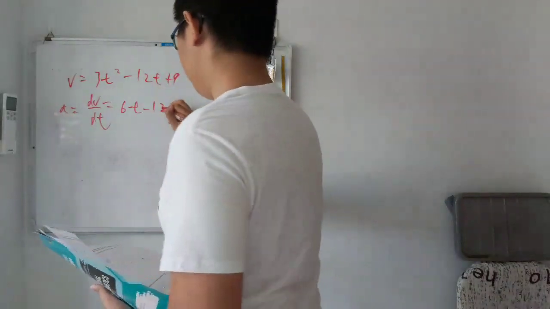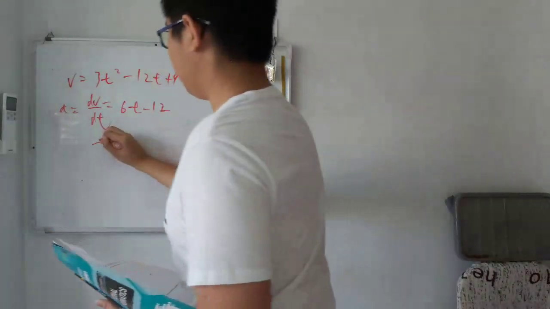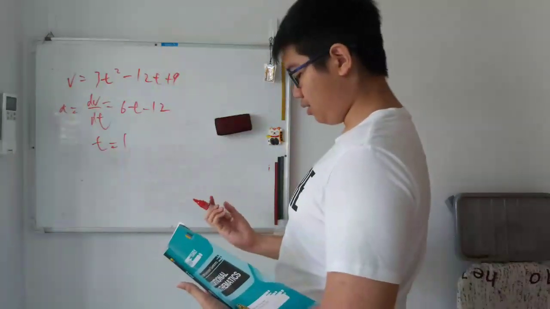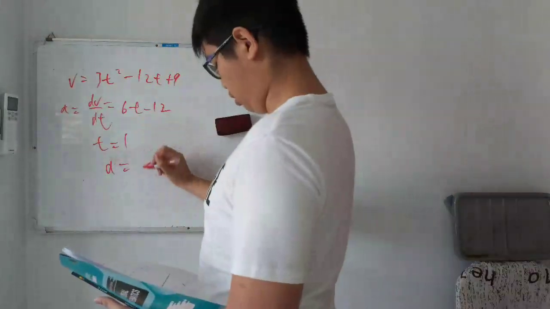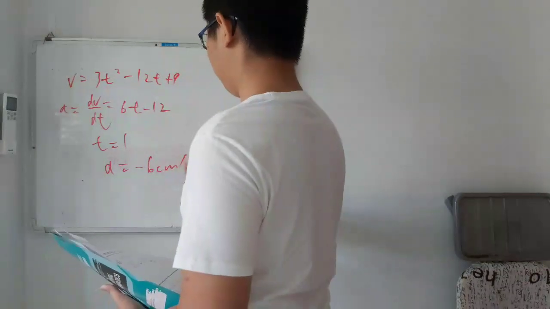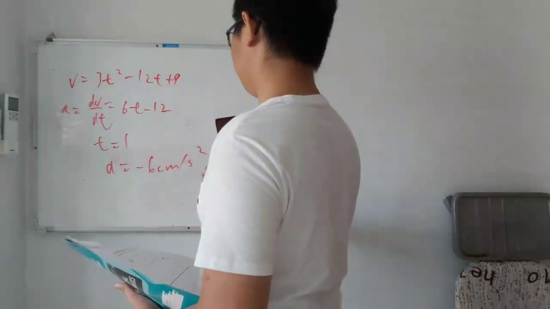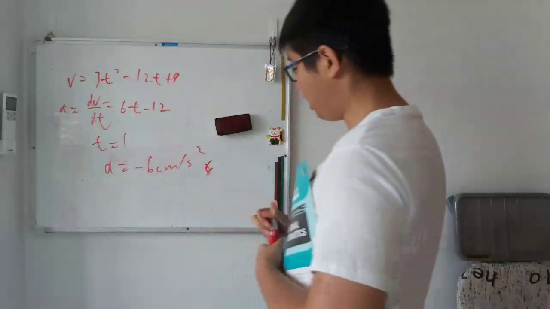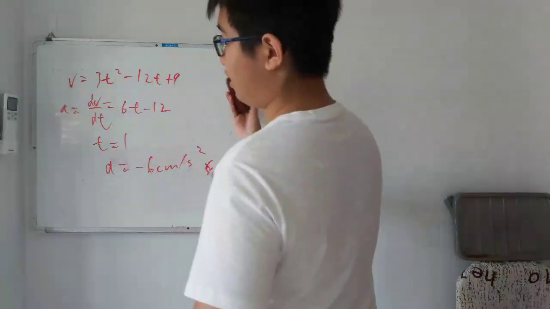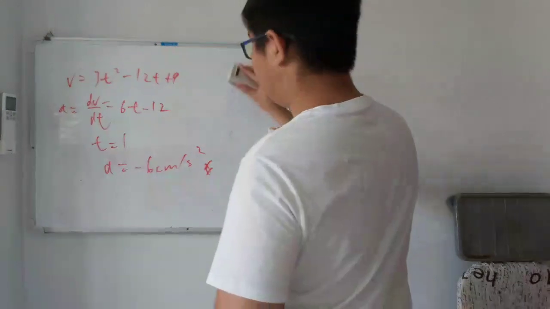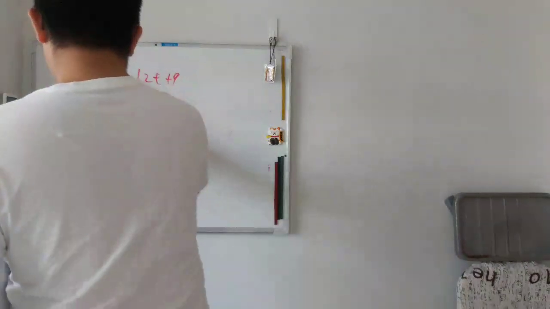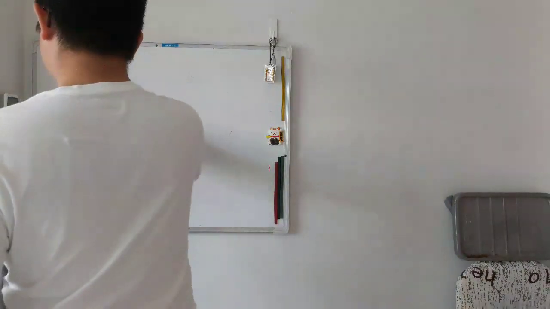Because the 9 becomes 0. Now when t equals 1, then a is equal to minus 6 cm per second squared. That one is easy, 2 marks. Even if you can't see this, I am pretty sure you should get these marks.